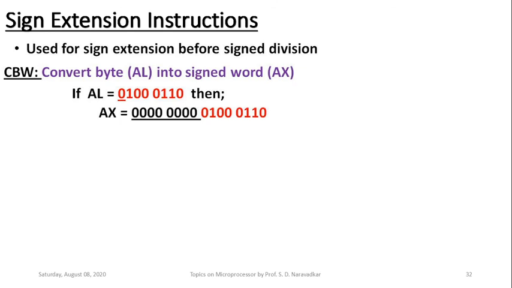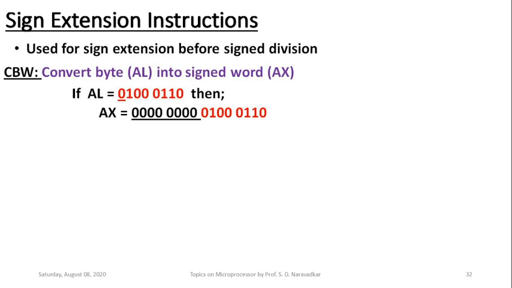If the 8-bit contents of AL have MSB, the sign bit, equal to 0, then within that converted word, which is to be copied to the AX register, its MSB entire byte will be 0, and the AL contents will be as it is.